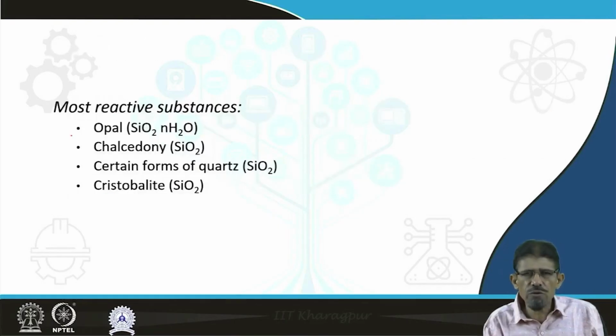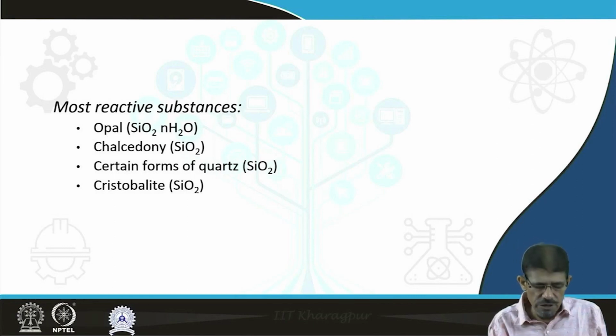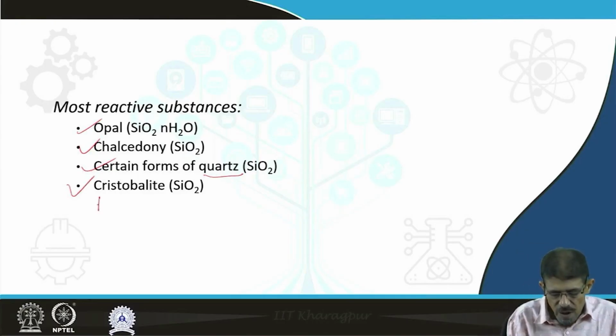If we are deciding about the most reactive substances, we have opal, chalcedony, certain forms of quartz which are deleterious in nature, then cristobalite and deformed quartz.